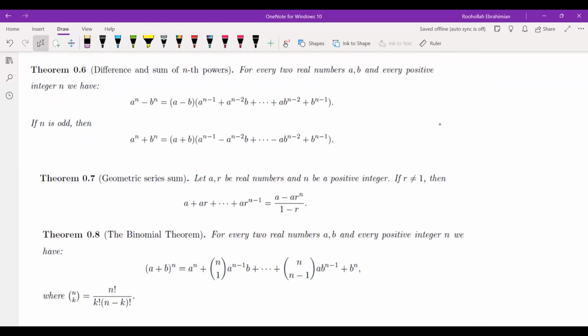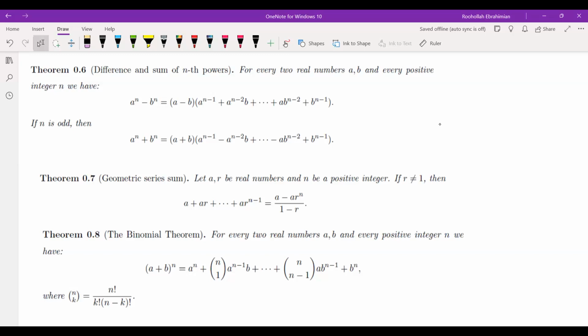The first and second identities that are in theorem 0.6 are related to difference of nth powers and sum of nth powers. So for every two real numbers a and b, and every positive integer n, a to the n minus b to the n is a minus b, parentheses, a to the n minus 1 plus a to the n minus 2 b plus, etc., all the way to b to the n minus 1.